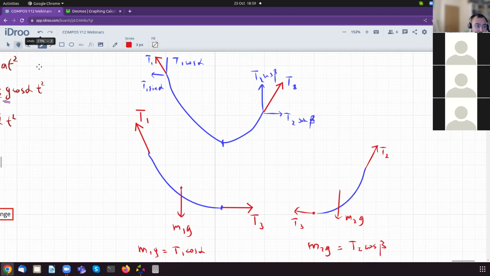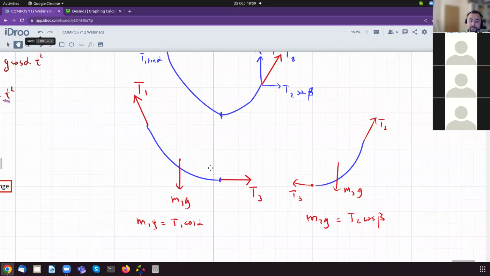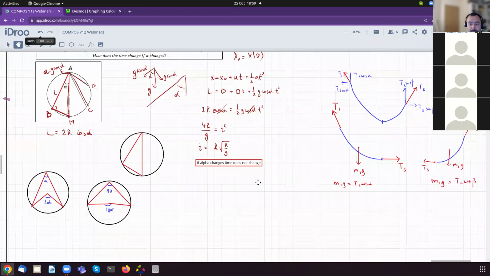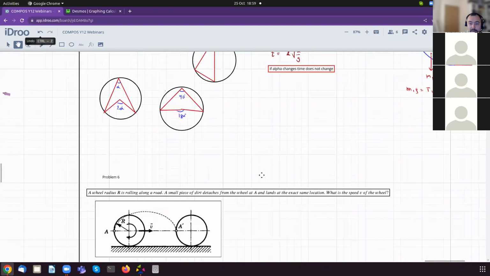And then you just compare them. You compare M1 and M2 because you know T1, you know alpha, you know T2, you know beta, and all you need is to work out the masses from there.